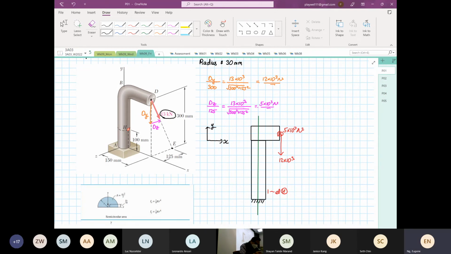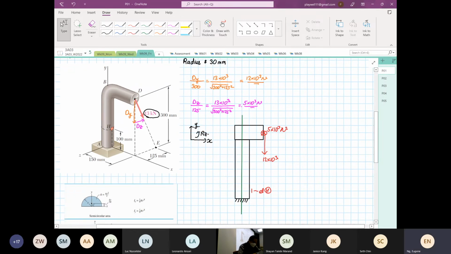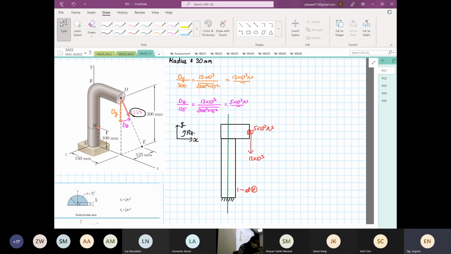Now, this is our rotation in our Z. So from here, we know that we are going to have a moment in the Z. We're not going to consider the 5 kilonewton because we do not analyze the dot and cross. We are going to analyze the 12 kilonewton.